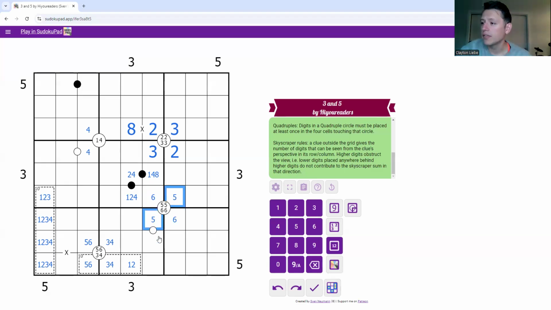Well, if this is double 5, this is either 4 or 6, and it can't be either because we have a 3-4 pair here. So this is in fact double 6. This is double 5, and better yet, it gives us a 7. I wish that it would resolve this, but that's okay.